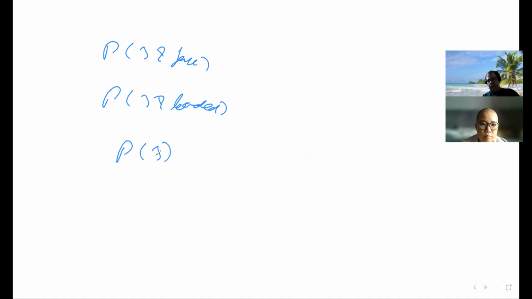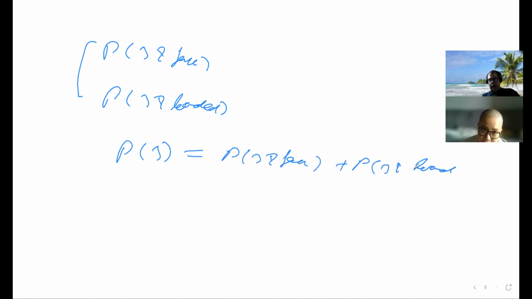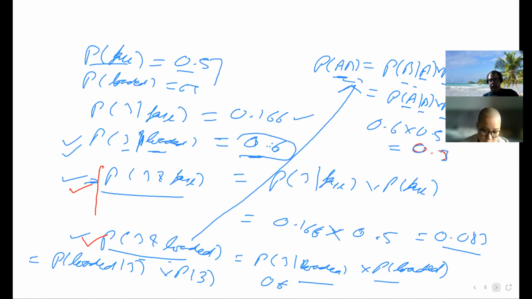So if you know the probability of 3 and fair and the probability of 3 and loaded, which we have already calculated, can we find the probability of 3? Will it not be the sum of both of them? 3 and fair plus 3 and loaded, right?